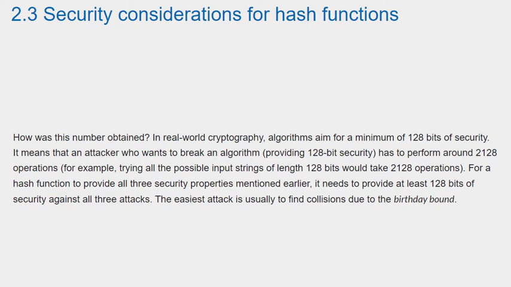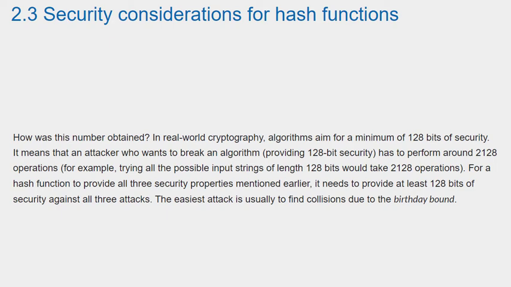It means that an attacker who wants to break an algorithm, providing 128-bit security, has to perform around 2^128 operations. For example, trying all the possible input strings of length 128 bits would take 2^128 operations. For a hash function to provide all three security properties mentioned earlier, it needs to provide at least 128 bits of security against all three attacks.